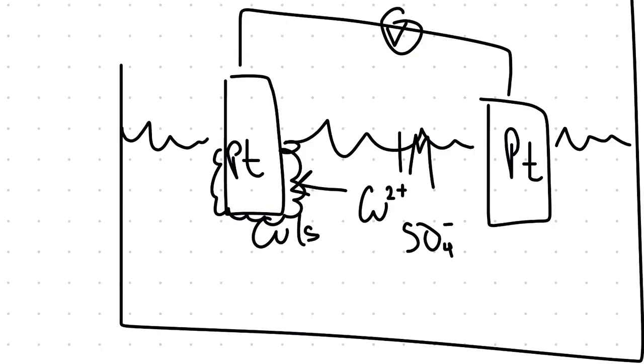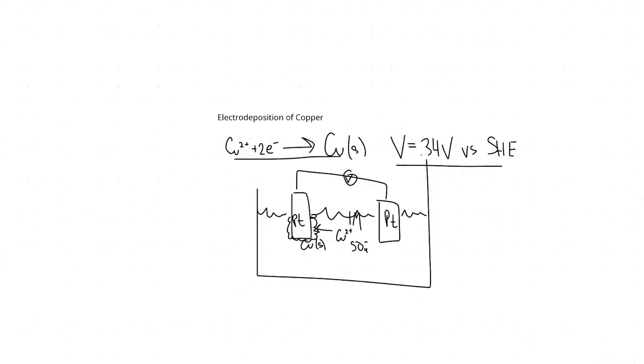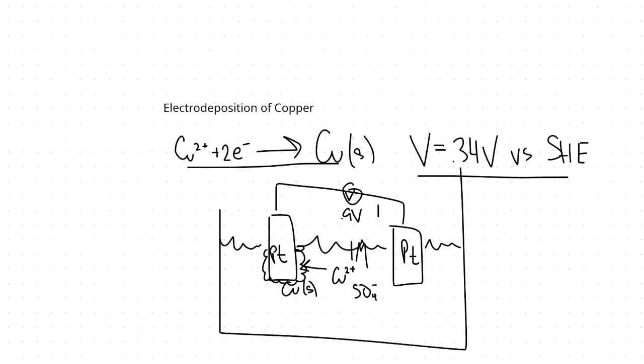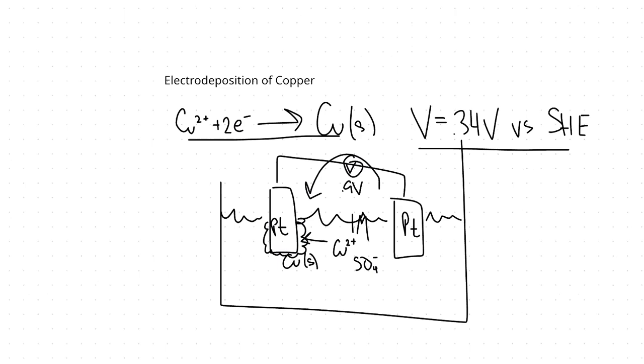Now, let's say we set up this experiment and we run voltage at an overpotential of around 0.6 volts, so a potential of 0.9 volts, driving current in this direction, since we need the electrons so that the copper ions can bond with the electrons to form solid copper, making this electrode the cathode and this electrode the anode.